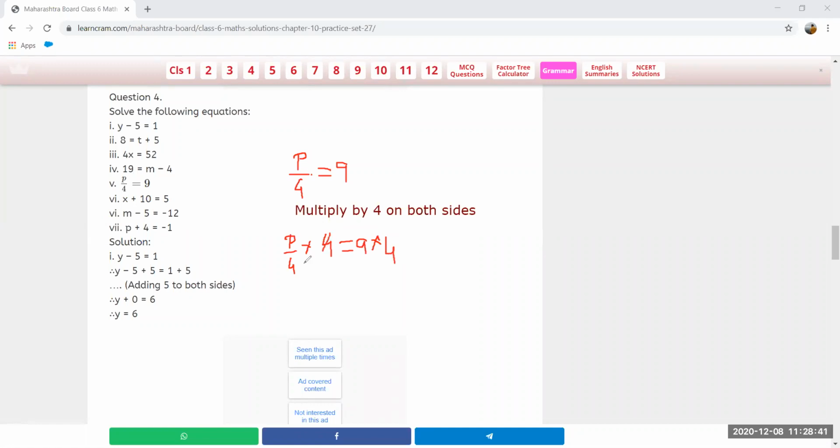Now this 4 would get cancelled with this 4 and the answer is P is equal to 36. P is equal to what? 36. So what value will we get? P is equal to 36. Yes, clear? Now, thank you very much everyone. Okay.